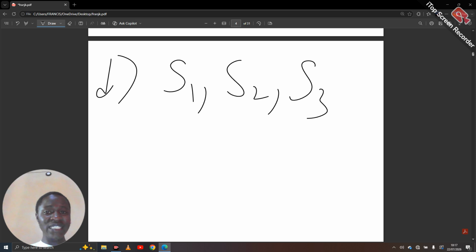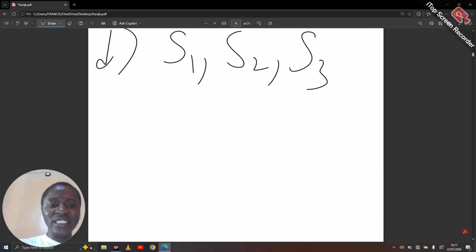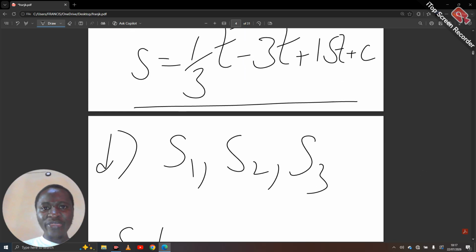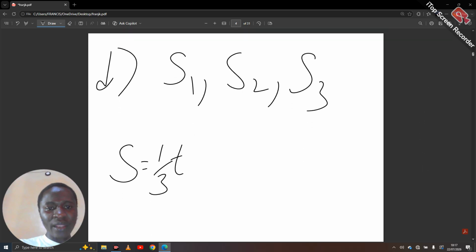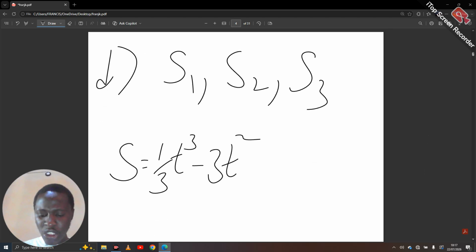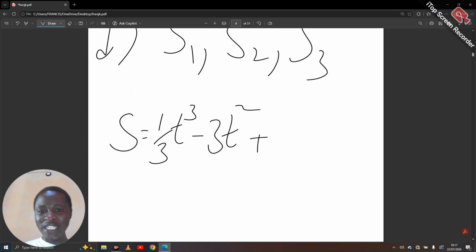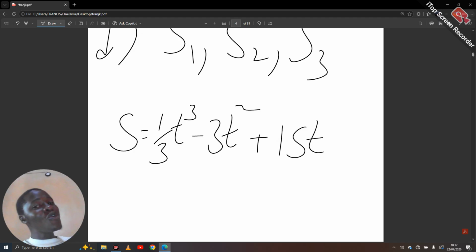distance. That is part C, which we've already done. This one here. So that means S, which is displacement, equals a third T cubed minus 3T squared plus 15T. Now remember, at this part D, you must ignore the constant at first.